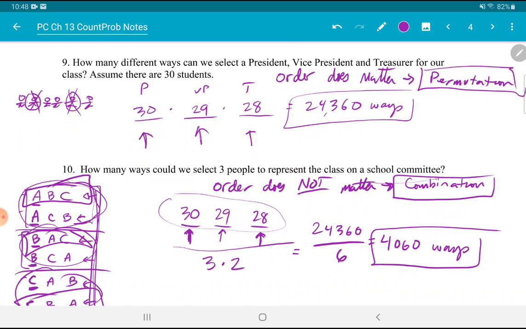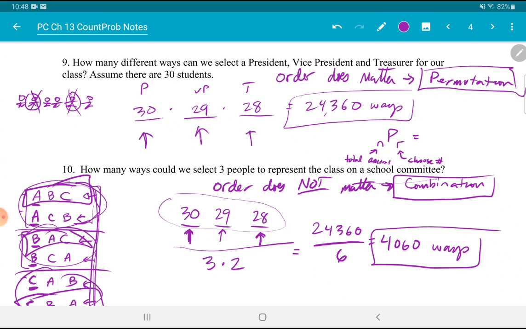Now it turns out that there is a formula you can be using here. If you want to work with permutations, the formula we're working with is nPr. Okay, and using those, n is representing the total amount that you have to choose from, and r is actually choosing that number of items.